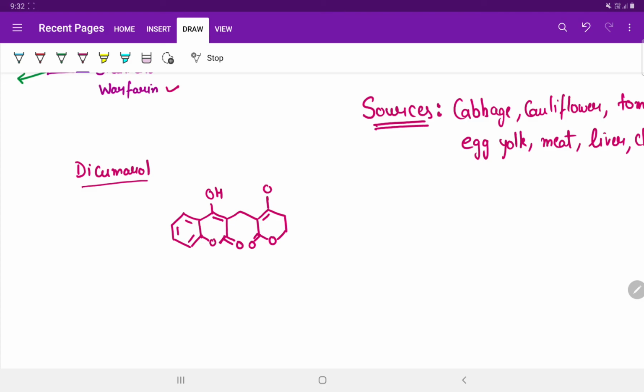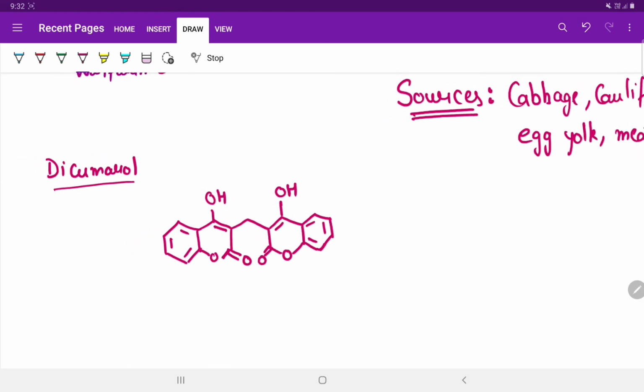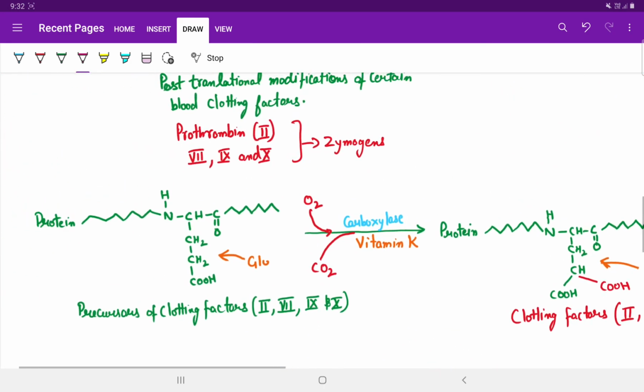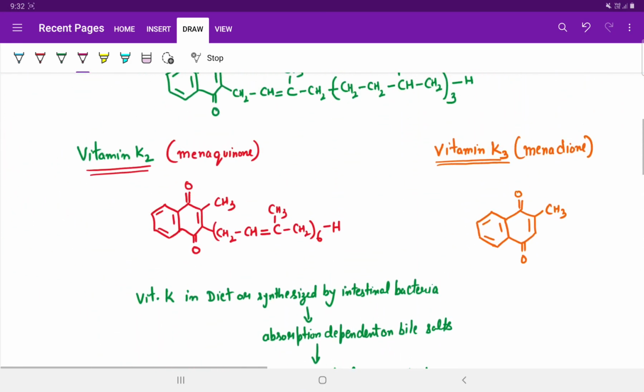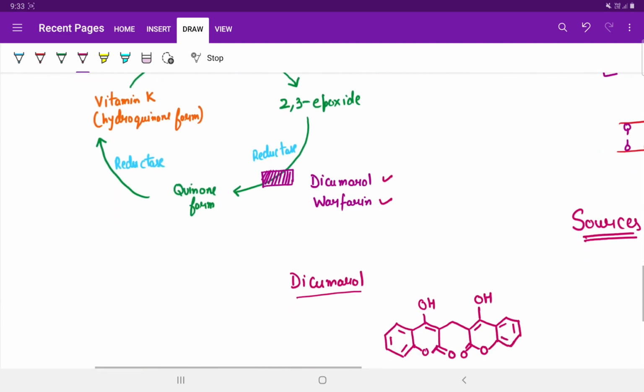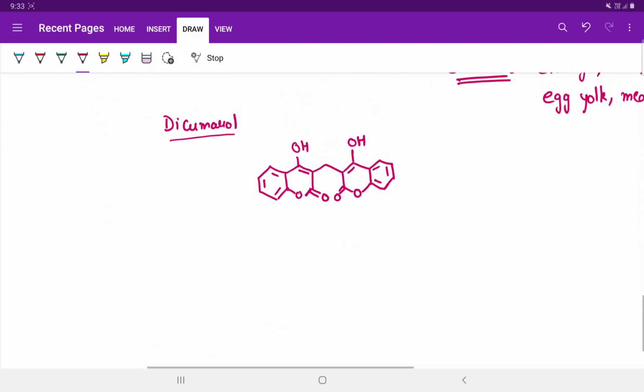So students, this is the structure of dicumarole. You can see here, this is the structure of dicumarole, which is somewhat similar to the structure of vitamin K. With the naphthoquinone ring, it is somewhat matching, and this leads to competitive inhibition. The substrate site cannot recognize it easily.